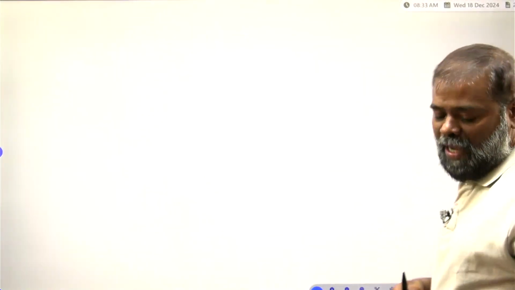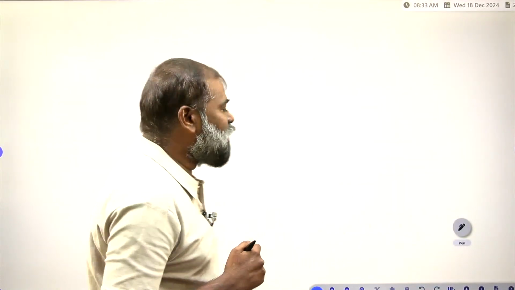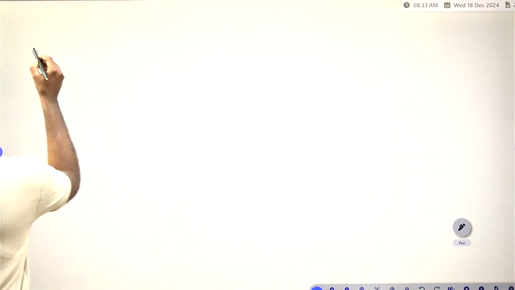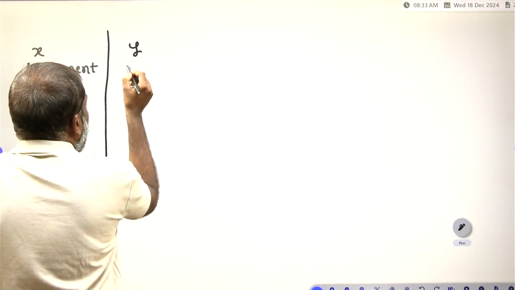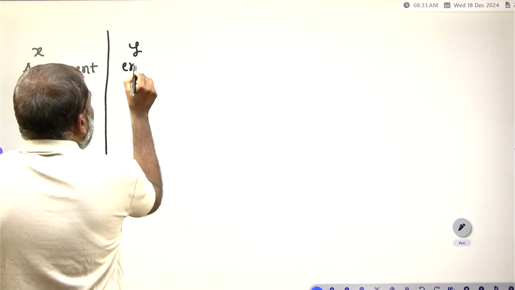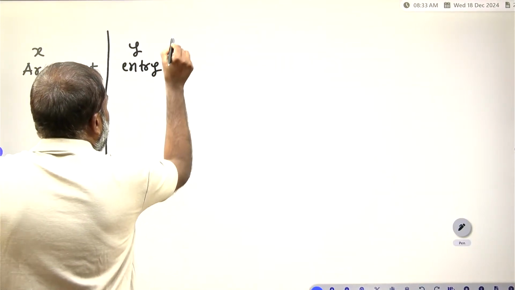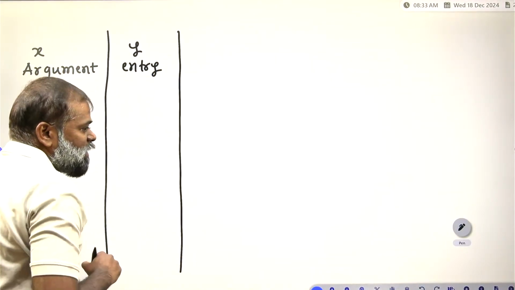How do we calculate? First you have to make the table. Here x is the argument. Whatever data they are giving, we call it the argument. The value corresponding to x, we come to know as the entry.